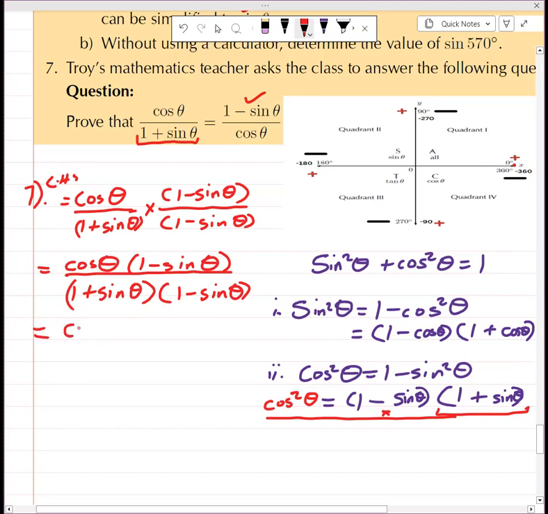So I'm going to have cos theta times 1 minus sine theta, all over cos squared theta.